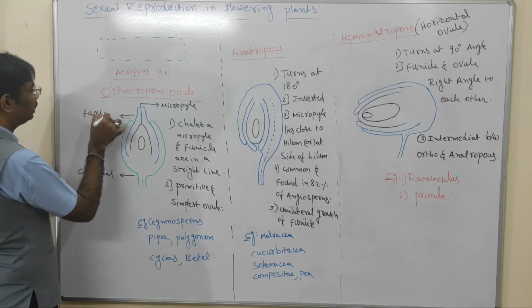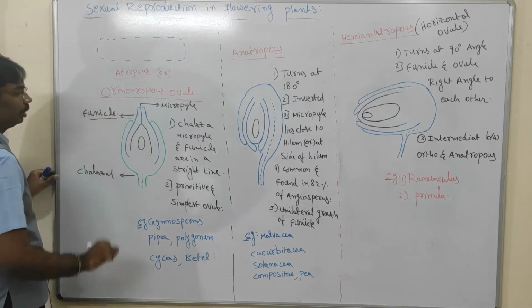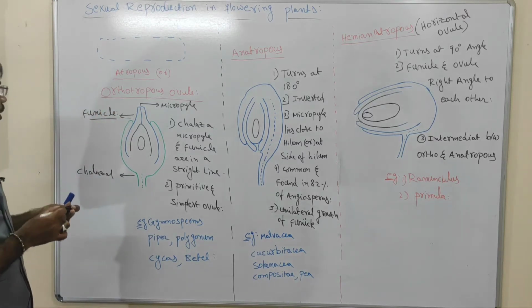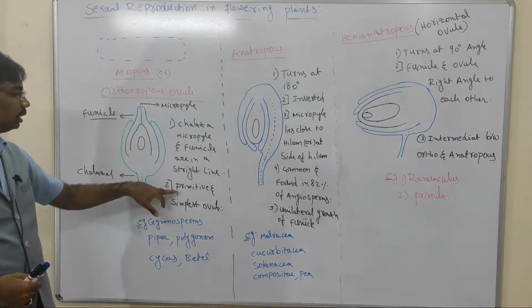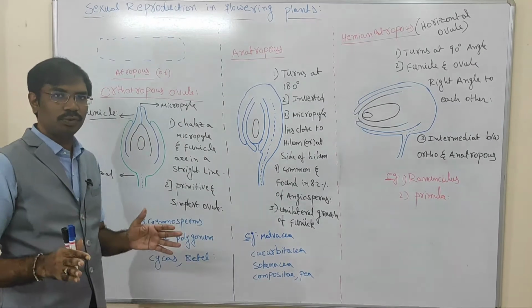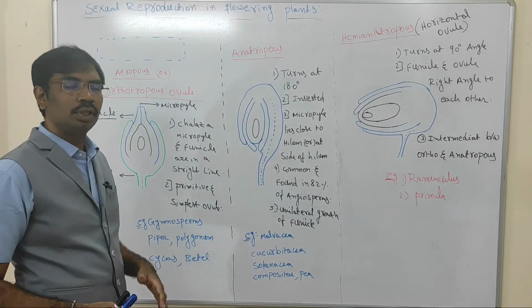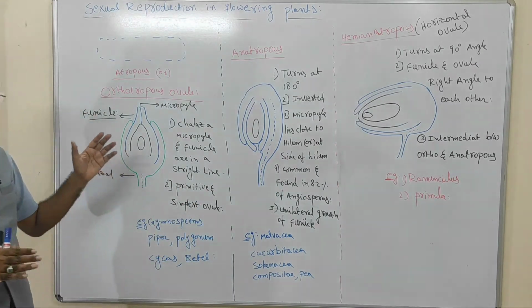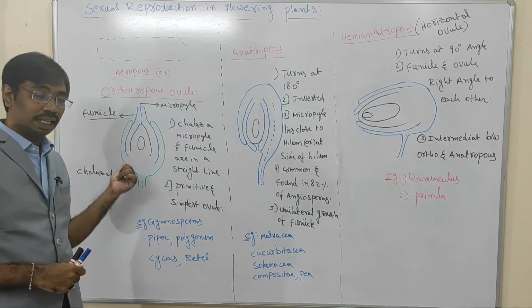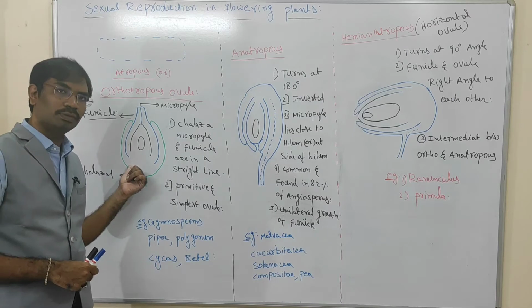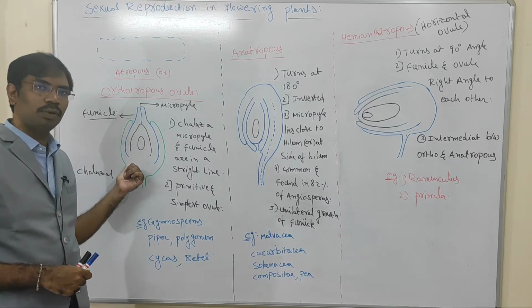So these 3 regions are present in a straight line. Because of that, this is called Orthotropous, the straight ovule. This kind of ovule is present in both gymnosperms and angiosperms, but in angiosperms it is the primitive and simplest type of ovule.